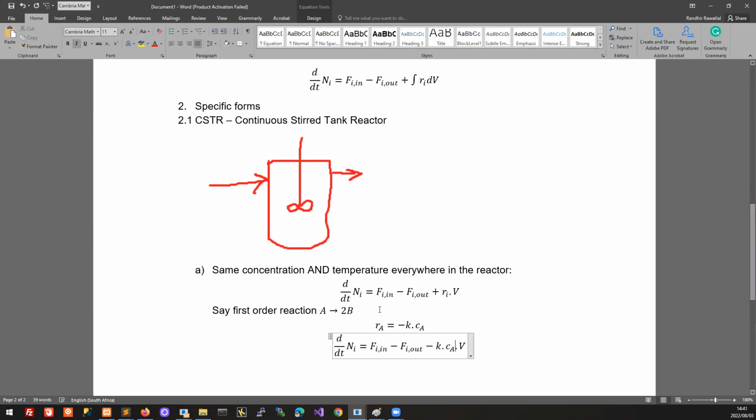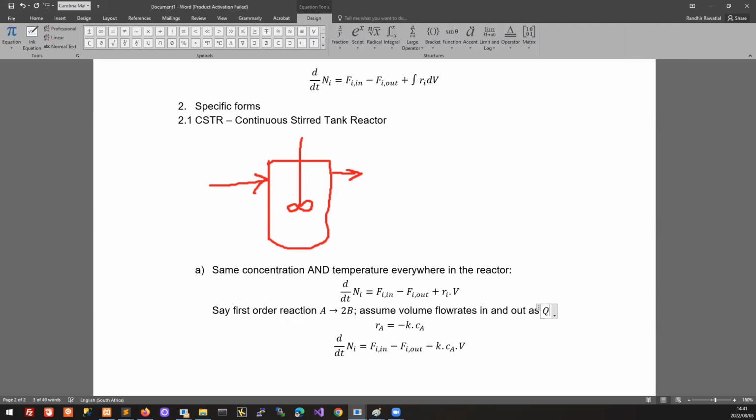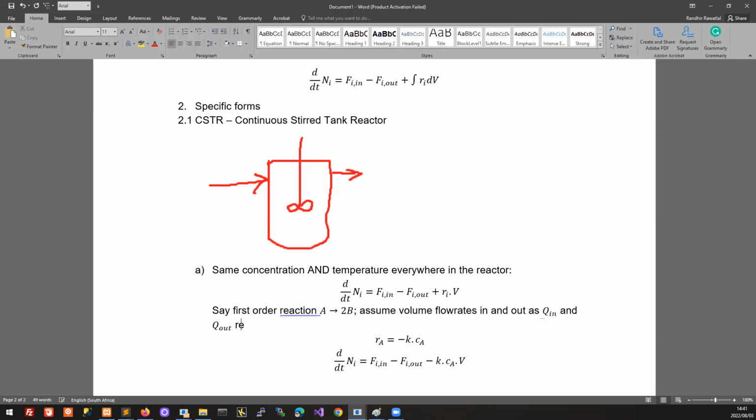That's one. And then assume volumetric flow rates in and out as, say, Q in and Q out respectively. So we've got a volumetric exit flow rate here of Q out.